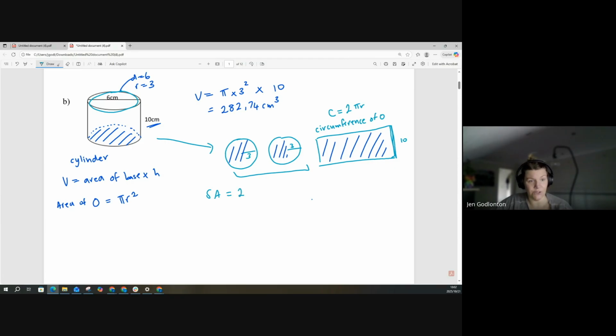So I've got 2 times pi times 3 squared plus 2 pi r, because that's my length. So 2 pi times r times 10. And this is our rectangle. So that's our length, and that's our breadth. And you can pop that straight into your calculator like that, and you should get 245,04 centimeters squared.